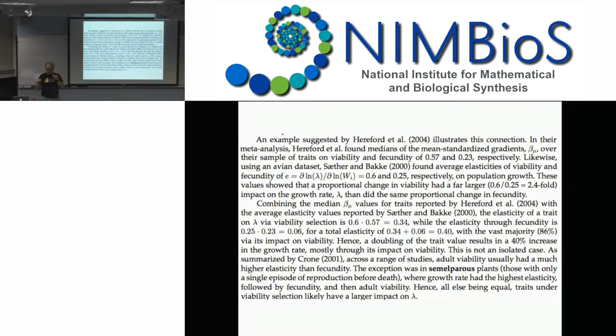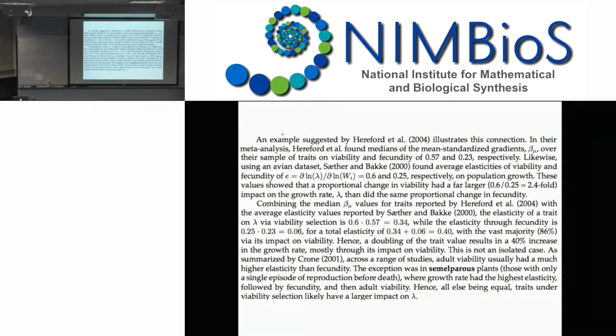Traits on individual life history components, those are mean standardized gradients. Those are also elasticities and allows you to connect those. And we'll talk about elasticity path analysis tomorrow, which is another way of putting these features together. So again, it's another tool in your toolbox to look at sensitivities and to try to connect ecological issues with trait issues. Okay? So that's mean standardization.